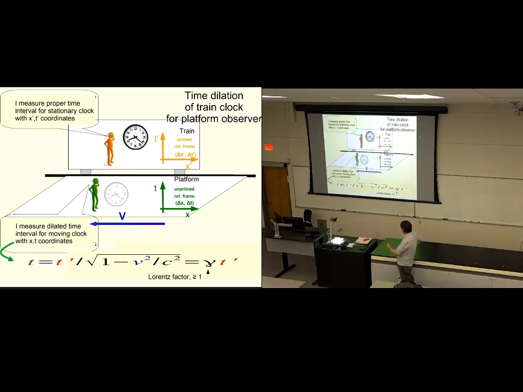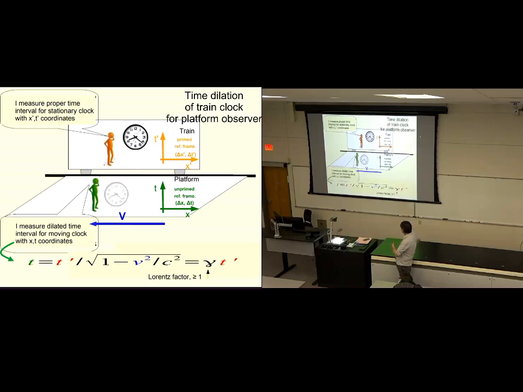It's described again by the same formula. Now the observer in green observes, for example, the time between two ticks of the train clock to be the time between two ticks as measured by the observer in the train, seeing the clock as stationary, divided by this factor again.